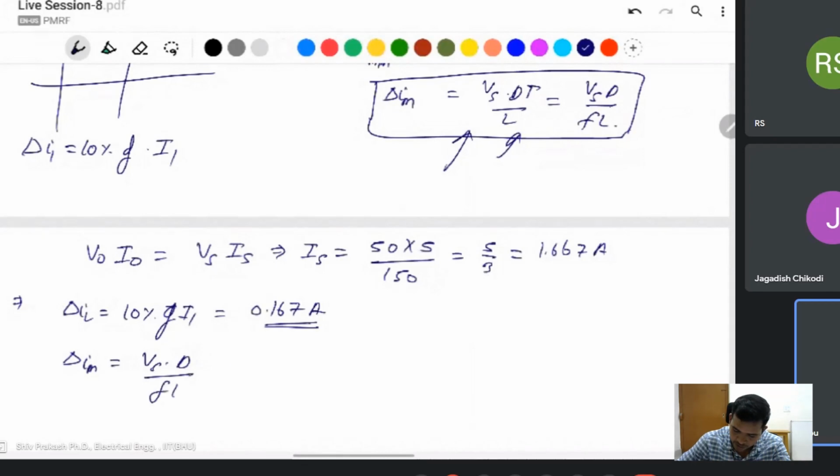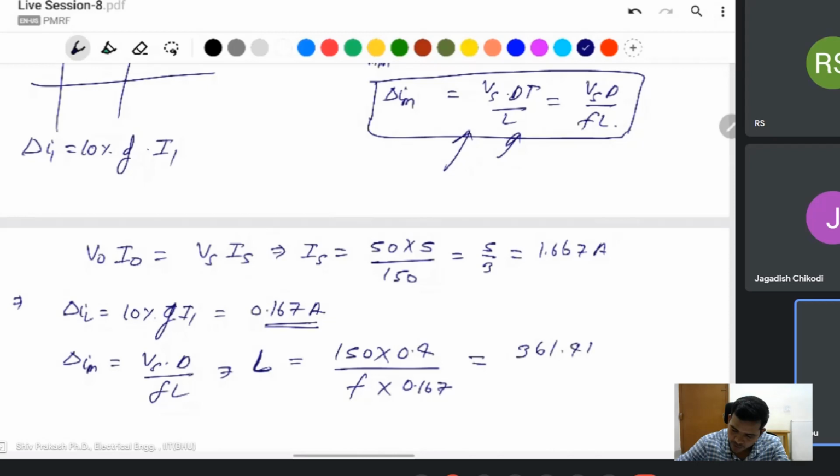You can calculate the inductance. Vs is 150 volt into 2 to the raised 0.4, divided by frequency, and delta IL is 0.167. The inductance you can calculate: 161.44 divided by F.